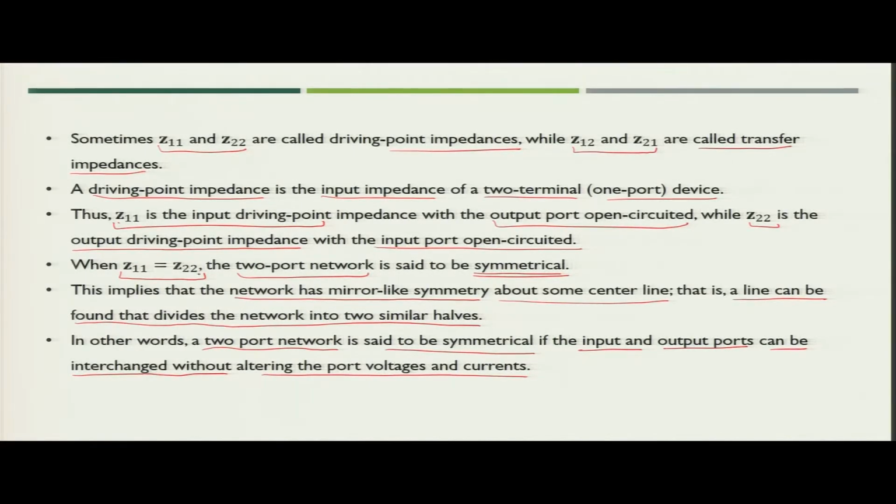Since Z11 and Z22 are equal, the network is symmetrical, and because the input driving point impedance for both sides is the same, the source, or the voltage or current, on both sides can be interchanged without any change in the circuit parameters.